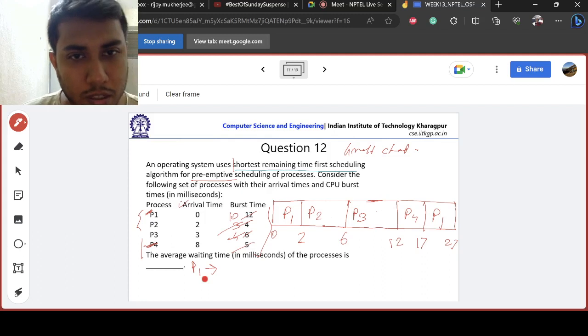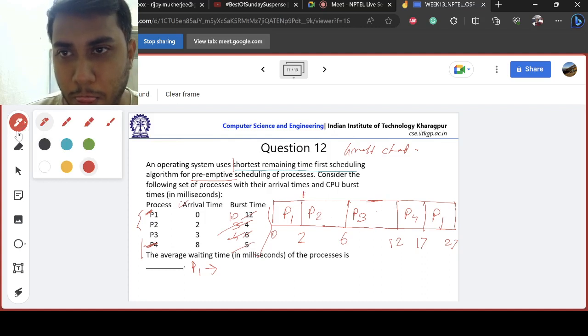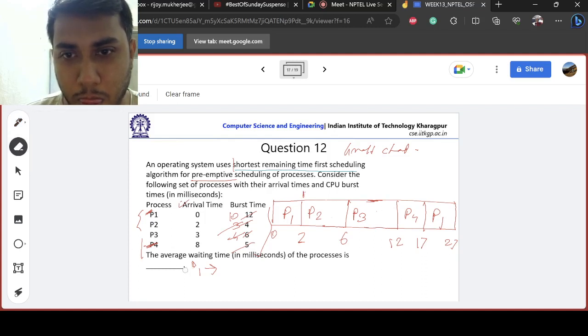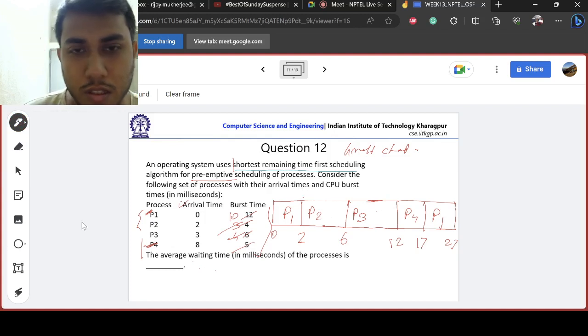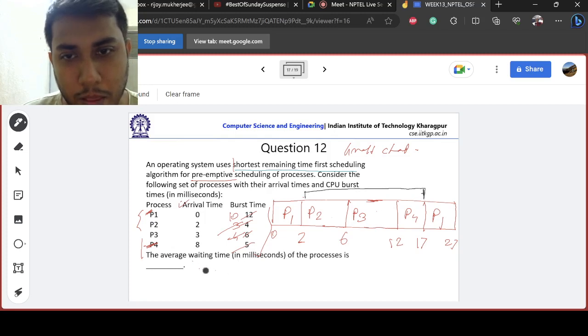Let me use a different color. So P1 waits this time. P1 waits from 2 to 17, that is 15 seconds, 15 ms.